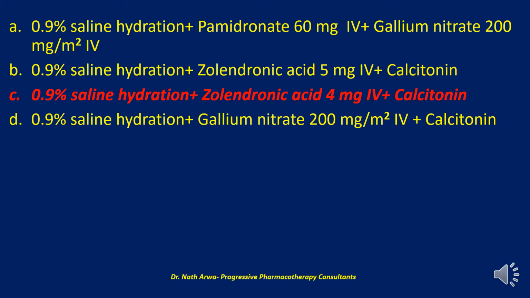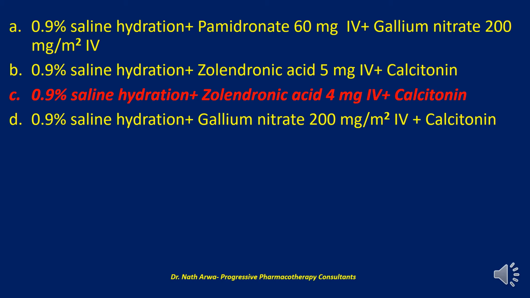Remember, they have hypercalcemia. Now, bisphosphonates such as zoledronic acid and pamidronate are initiated as soon as possible, since the response requires an average of 2 to 4 days, and the nadir in serum calcium may take up to as long as 4 to 7 days after treatment is initiated.